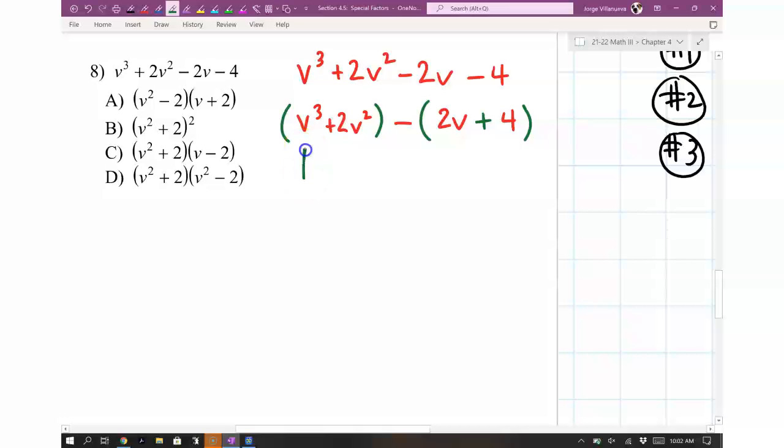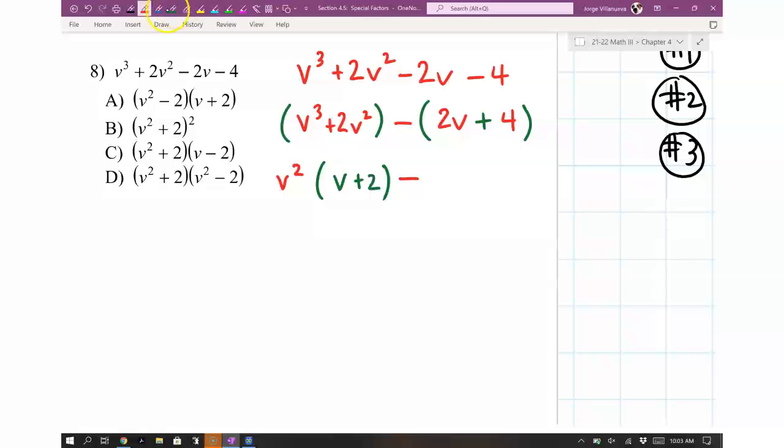This one has 3 of them. This one has 2 of them. So how many do they have in common? They have 2, right? So I'm going to factor out a v squared. Okay? Now, what's left over is v plus 2 minus, what does 2v and 4 have in common?